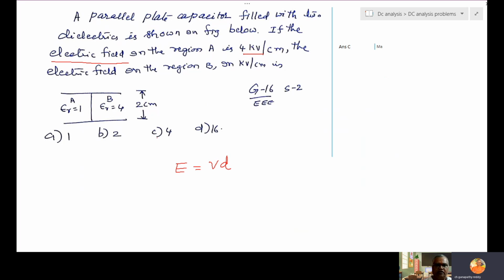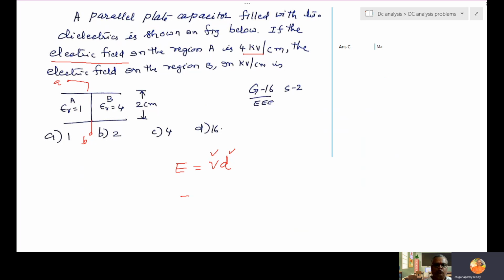So if this is A and this is B, they are connected in parallel, so V is the same and D is also the same. V same, D same, E also remains the same.